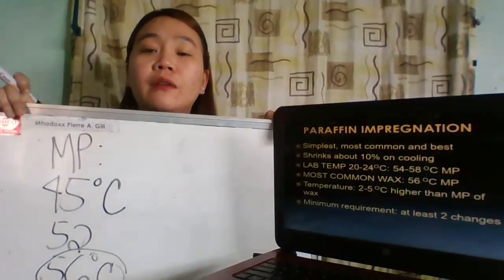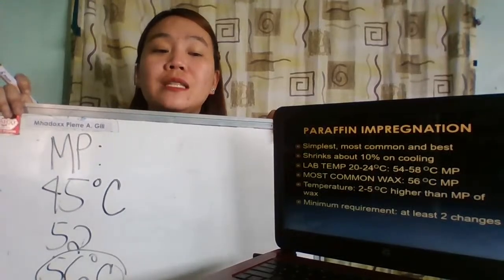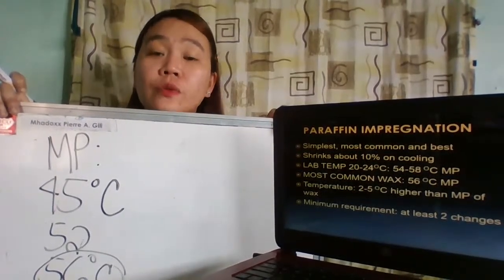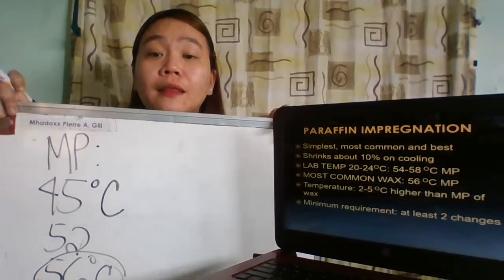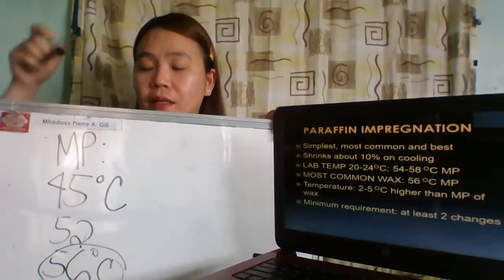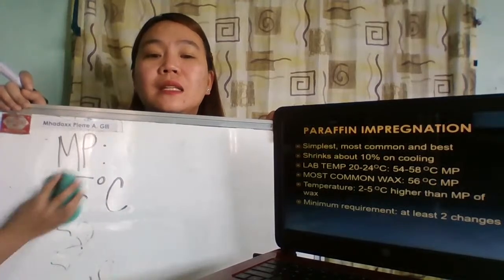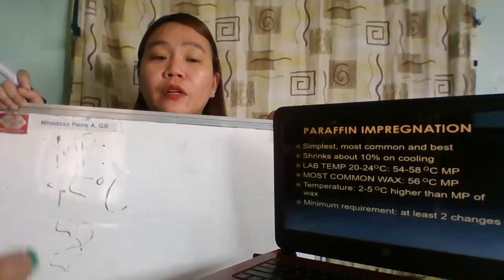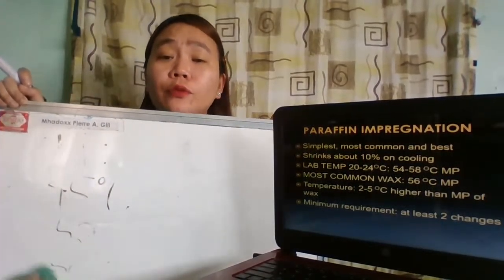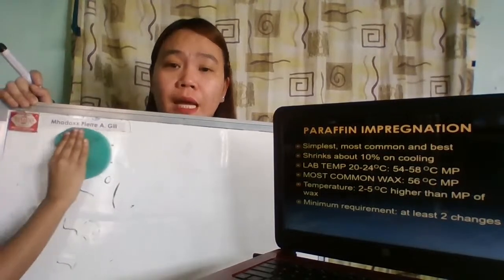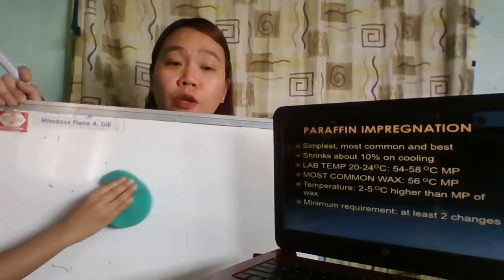What are the different factors that we have to consider in choosing the right type of wax? What are the factors that we have to consider when choosing the paraffin wax to be used?